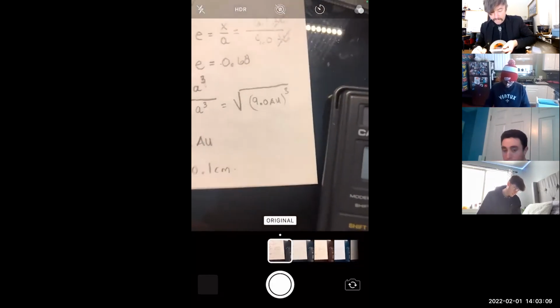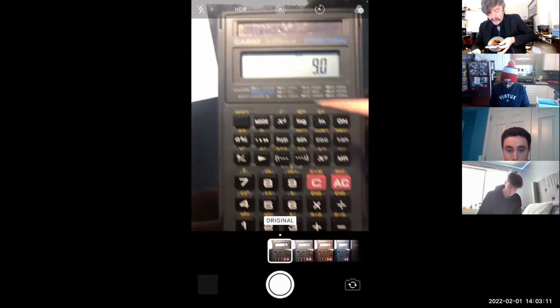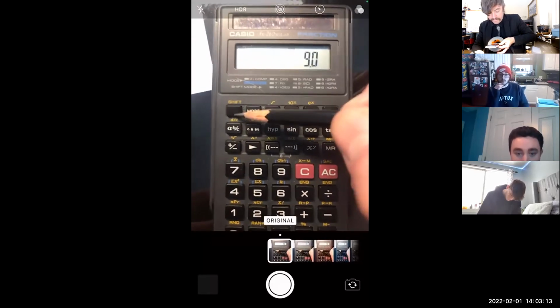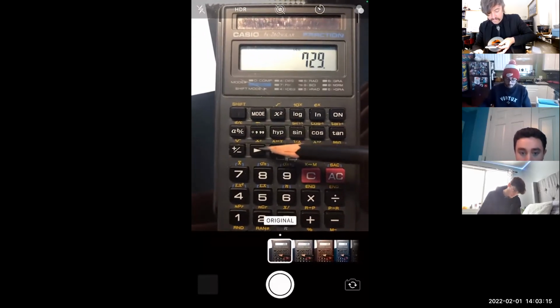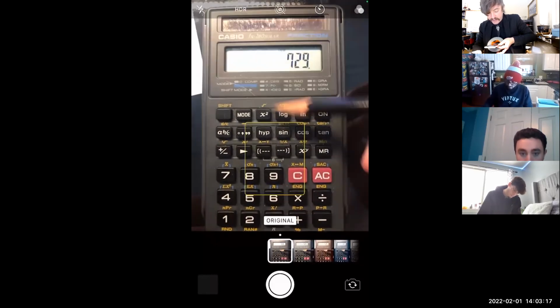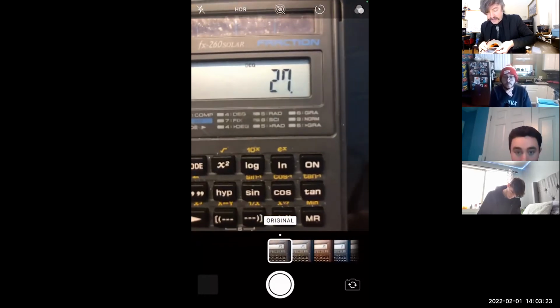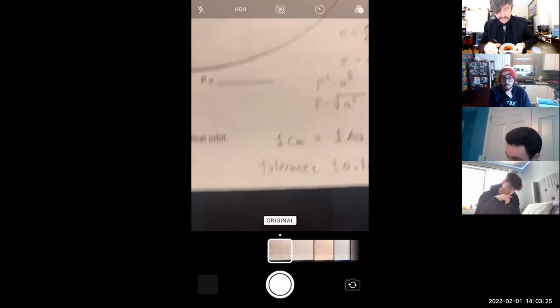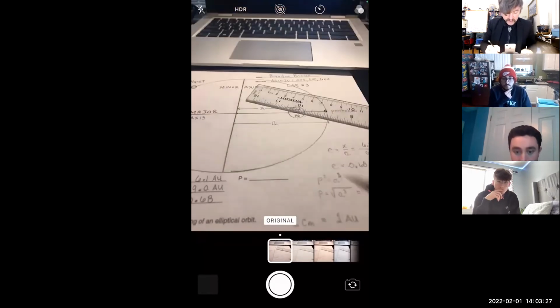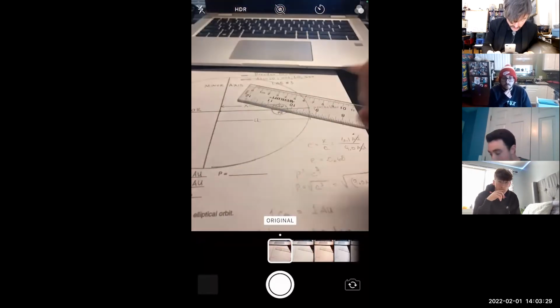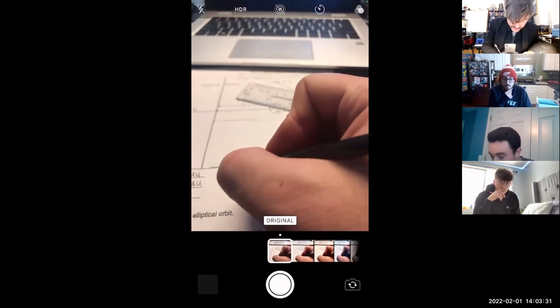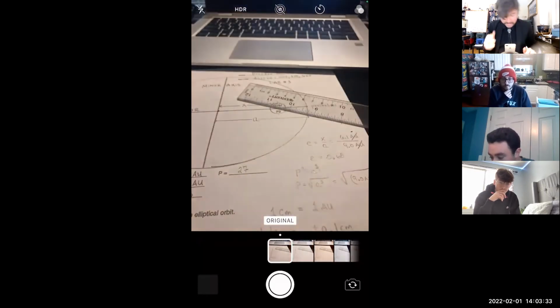And first I'm going to cube it. So to do that, I do shift x cubed. And now I'm going to square root it, which is here, shift square root. Now mine turned out to be, elegantly, because of the nature of 9 cubed, 27. And do you guys know what the units are going to be?